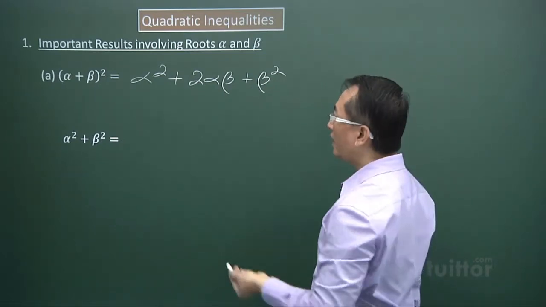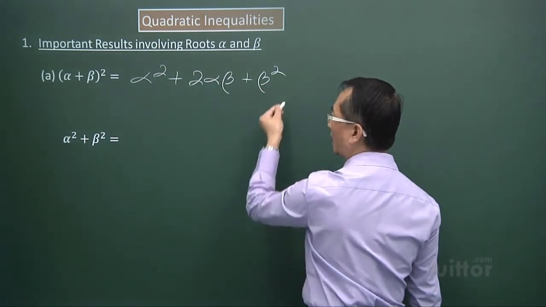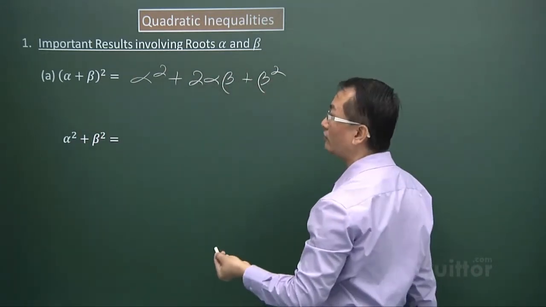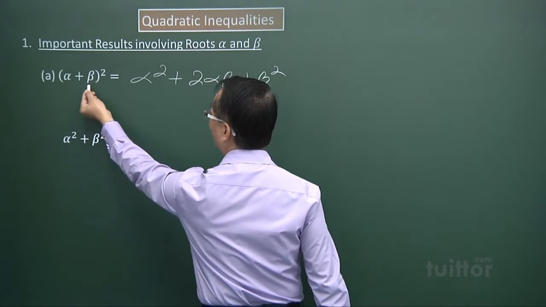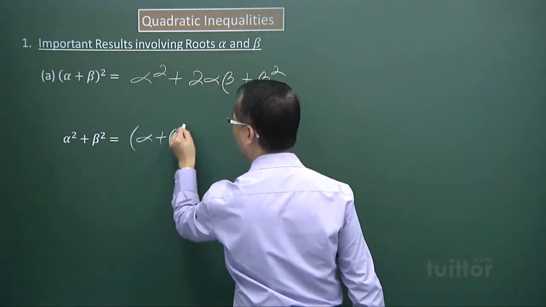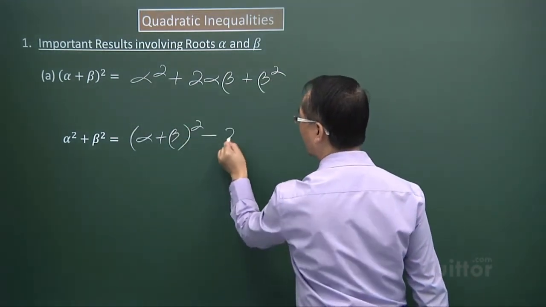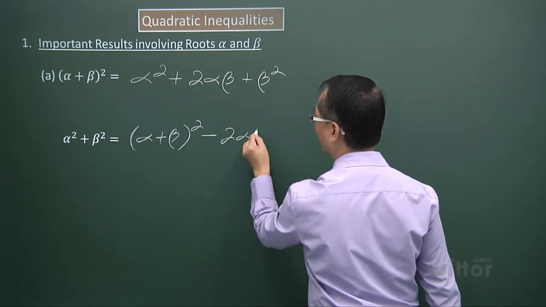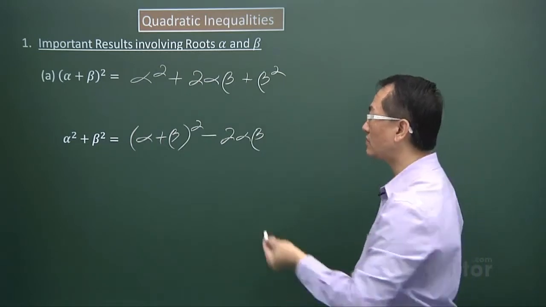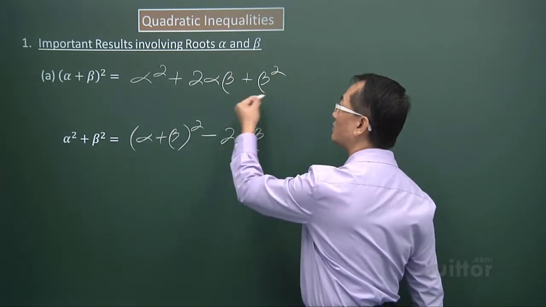If I want alpha squared plus beta squared as the subject, which is the idea of the next part, then I will have the sum of the two roots, alpha plus beta squared, minus 2 times the product of the two roots. So that result must be committed to memory, but is derived from this simple expansion.